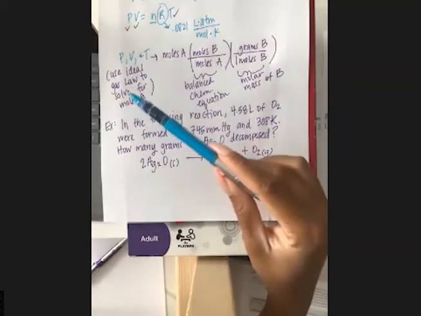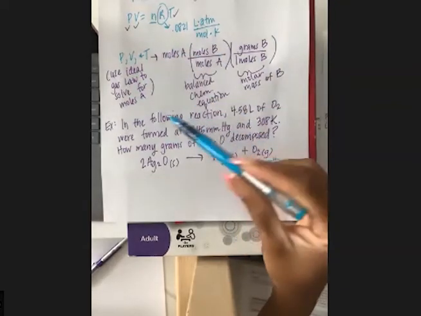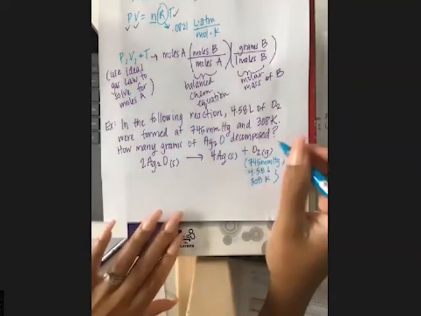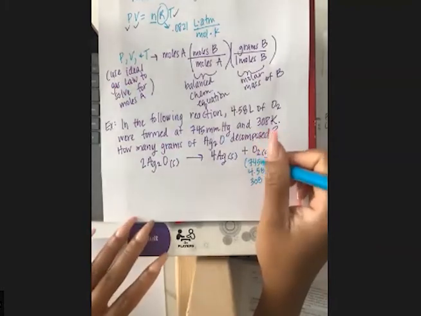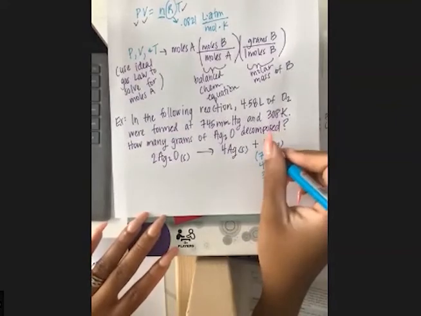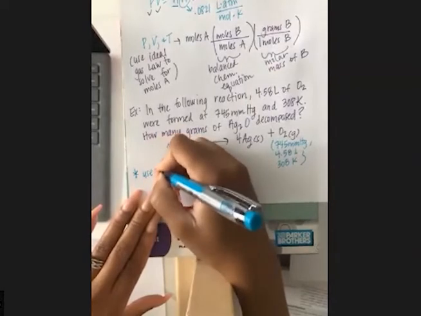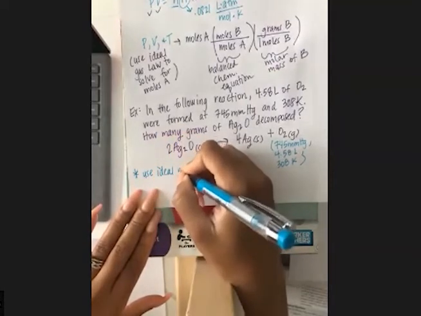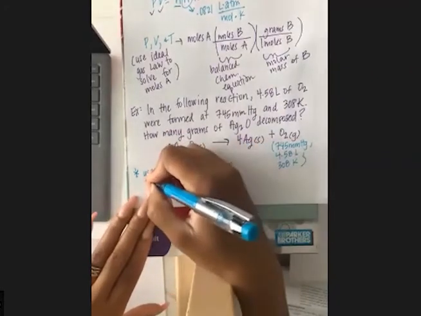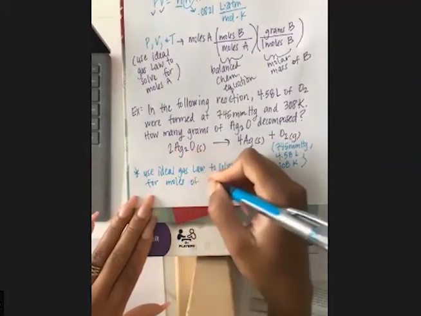So if I have 3 out of the 4 variables, especially pressure, volume, and temperature, I can use the ideal gas law to solve for the moles of A, and in this case, to solve for moles of oxygen gas. So that's what I'm going to do first. I'm going to use the ideal gas law to solve for moles of oxygen gas.